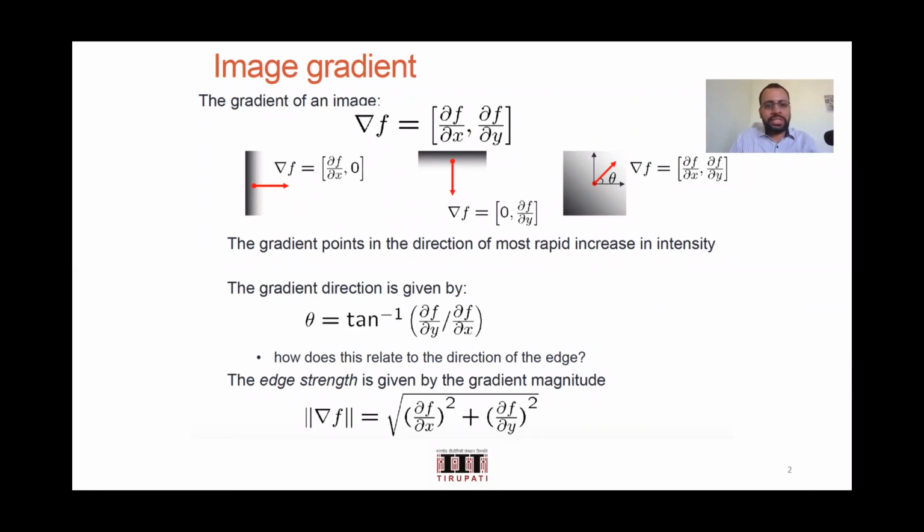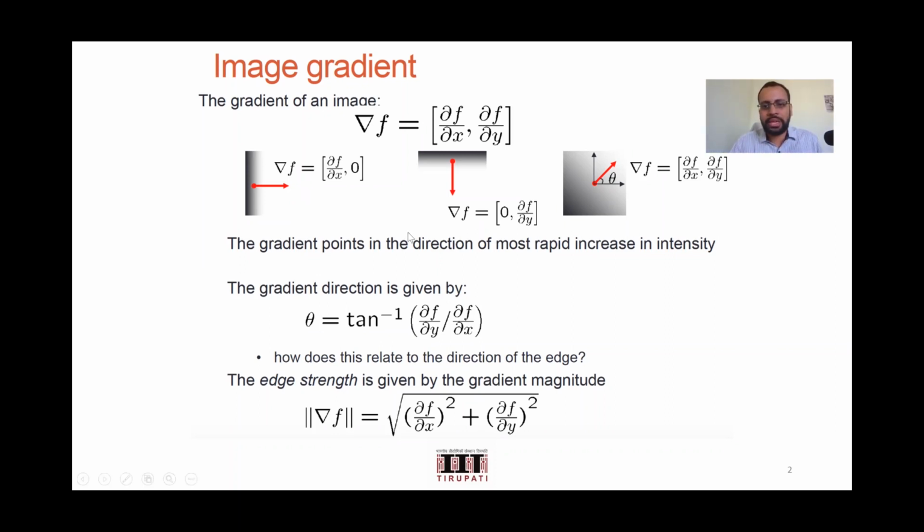As you move in the x direction, the intensity varies, and if you are moving vertically, you see the same intensity. So for all the pixels in this image, you have a nonzero dou f by dou x. With this being x and this being y, your vector is in this direction, so the gradient is perpendicular to the edge.